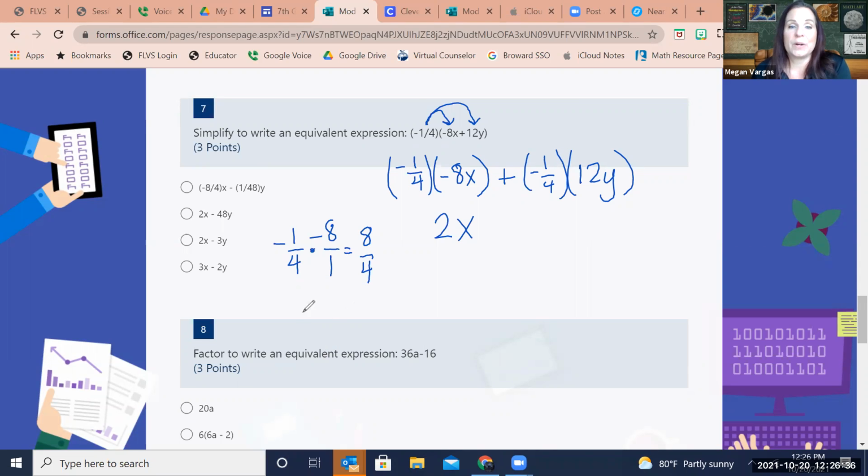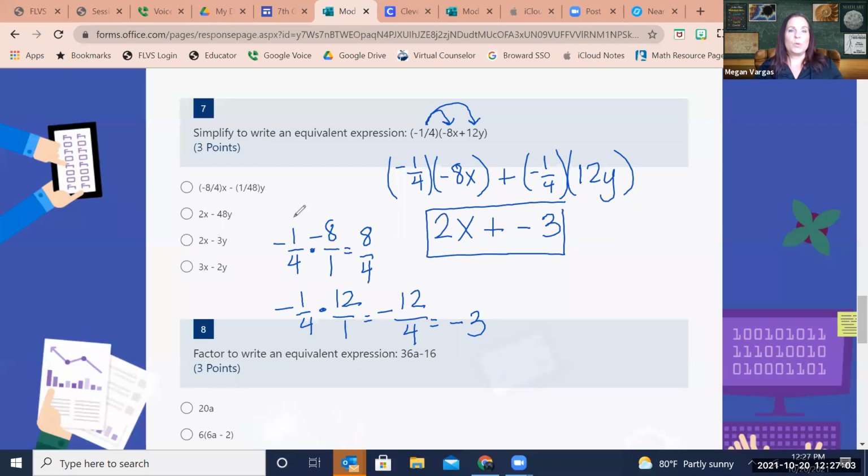Then for the next part, I have -1/4 times 12. A negative times a positive is a negative. I would get 12 on top and 4 on the bottom. 12 divided by 4 is 3, so I get -3. So here's my answer. Oh, I forgot the y. Whoops, hold on.